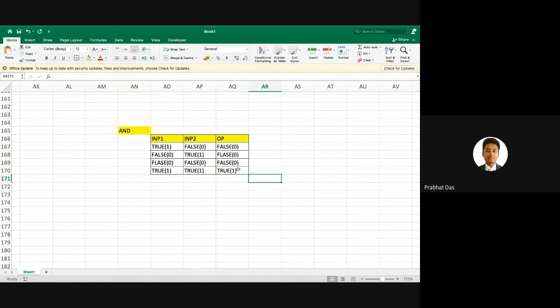That means in order to perform the AND operation, we need all the supplied inputs to be true or 1. If any one of the values is false, we'll get the output as false. Is it clear?